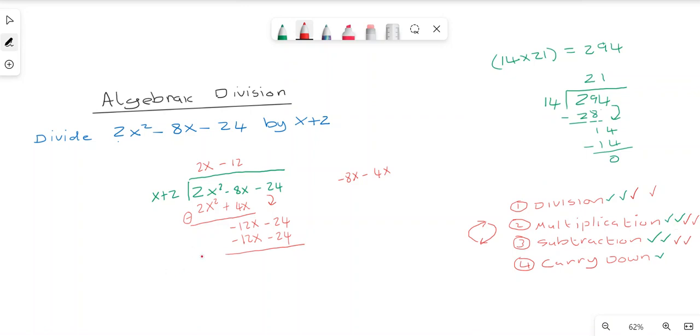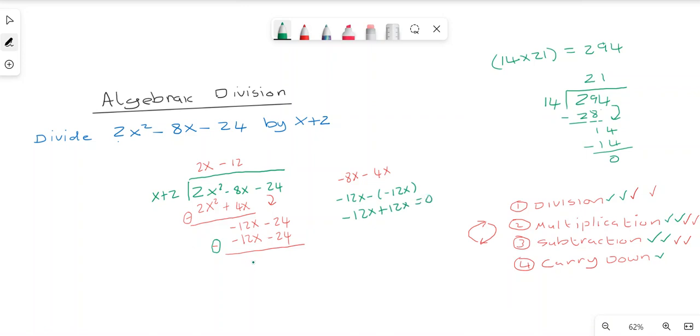So the subtraction step. So again, just be careful with the signs. So you have the subtraction piece here. Okay, so it's going to be minus 24 minus 12. Okay, so minus 12x, then minus 12x. So this is a double negative, so this becomes minus 12x plus 12x, which is just equal to 0.